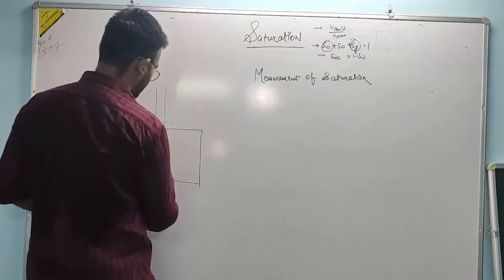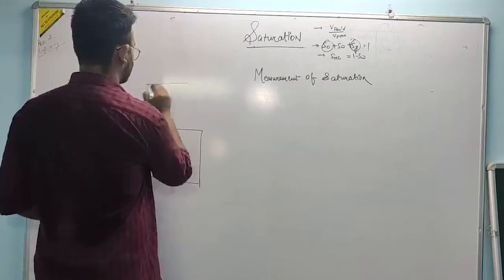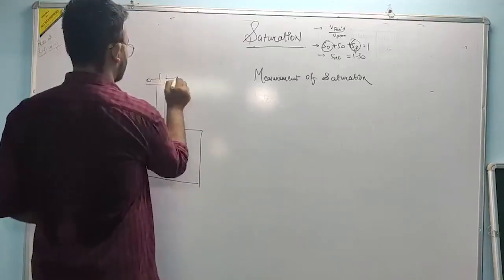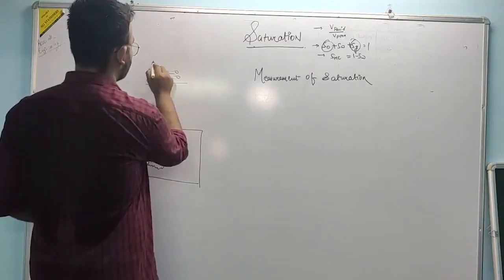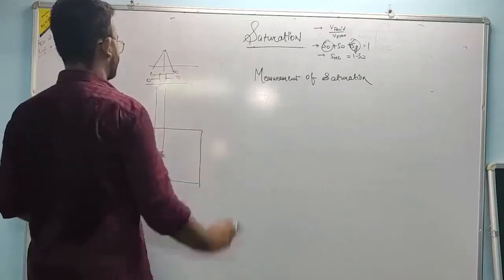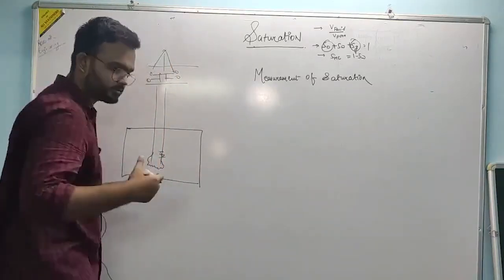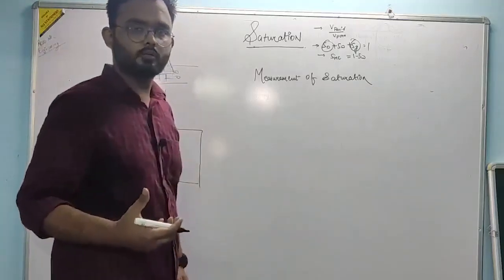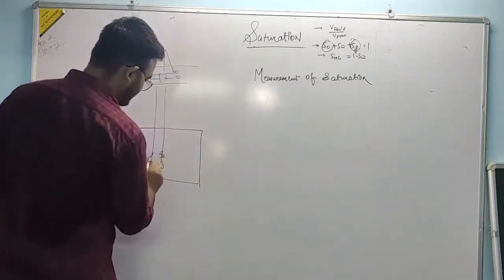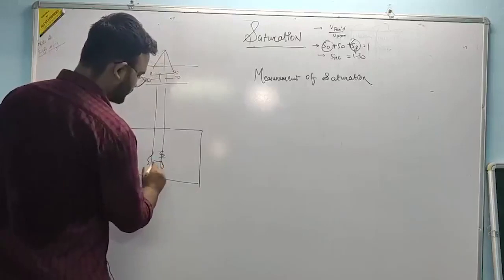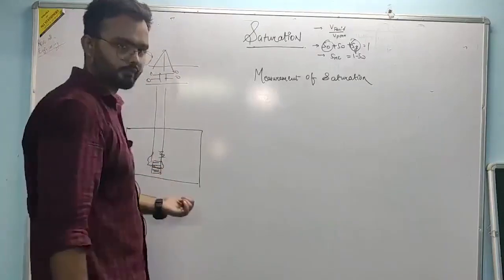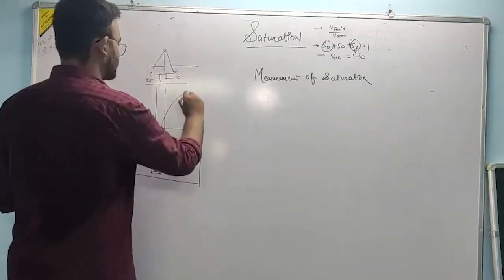This is our bit, this is our surface, this is our rig, just to give you a feel. There are different kinds of bits called coring bits. What they do is they recover rock samples from the bottom or from the zones of interest. Then they carry it up to the surface.